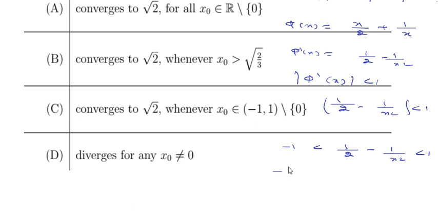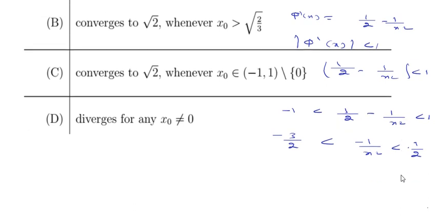So we get minus 3 by 2 less than minus 1 by x square less than 1 by 2, since 1 minus 1 by 2 is 1 by 2. Now if we multiply by a negative sign, we get minus 1 by 2 less than 1 by x square less than 3 by 2.